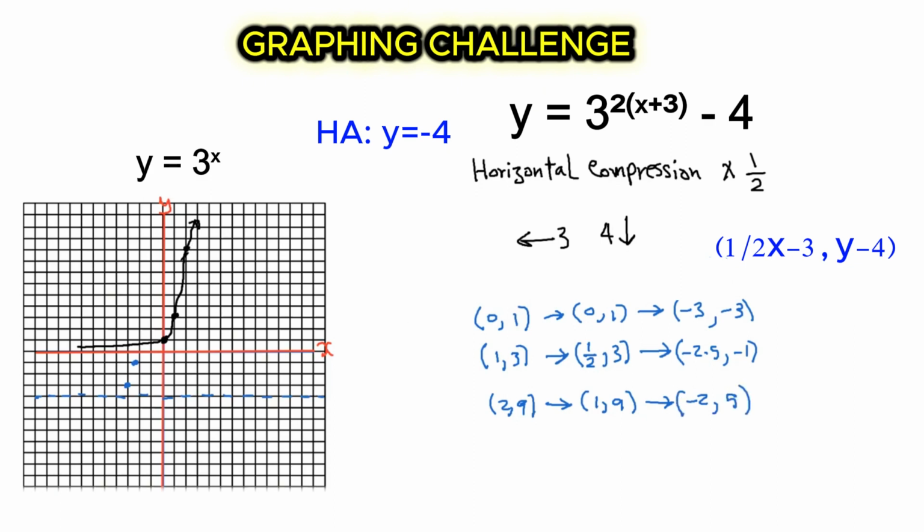Now you go ahead and label your horizontal asymptote and plot these points, and then just connect the points. And that is how you solve exponential equations and graph exponential transformations step by step.